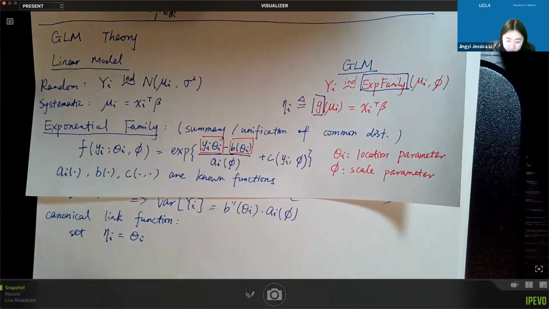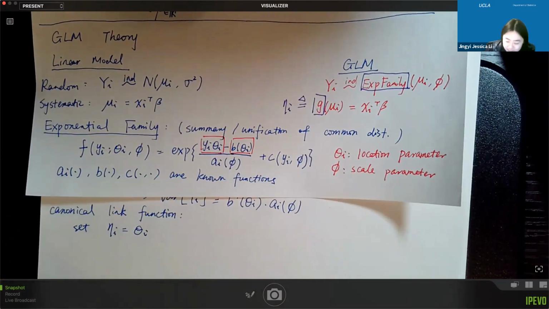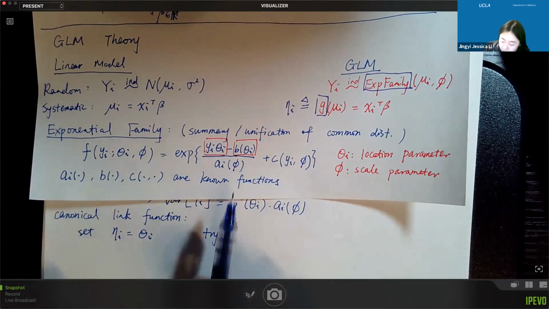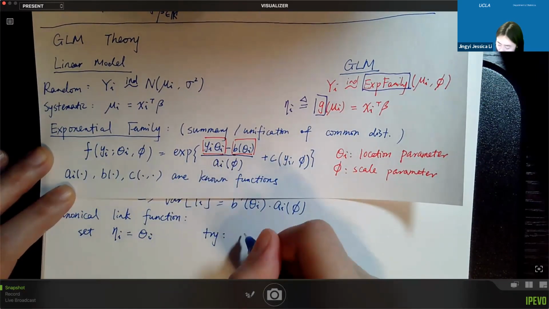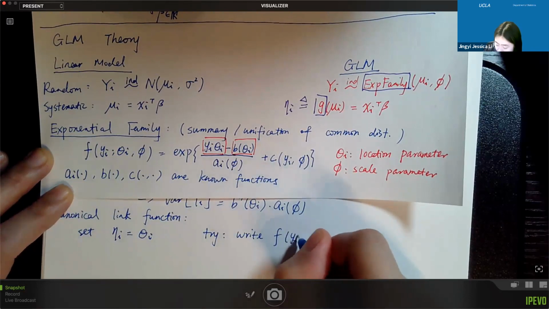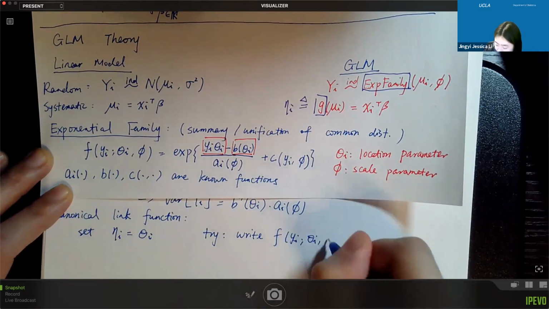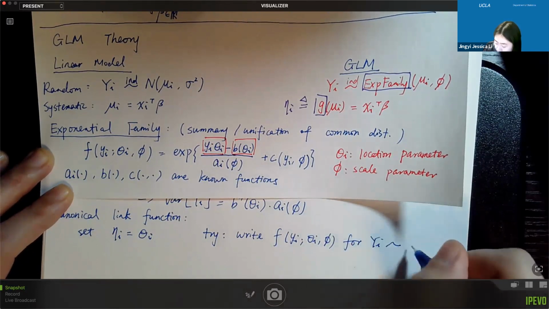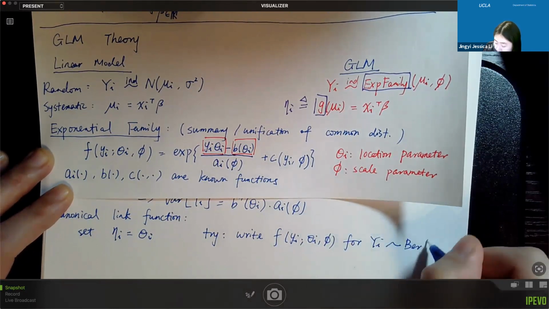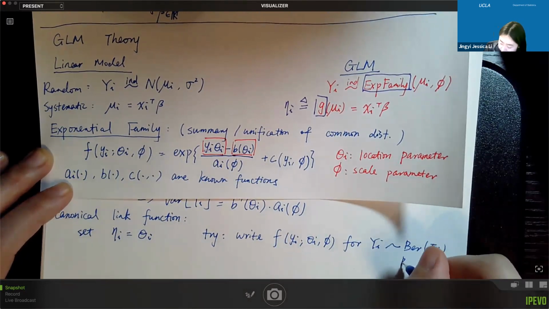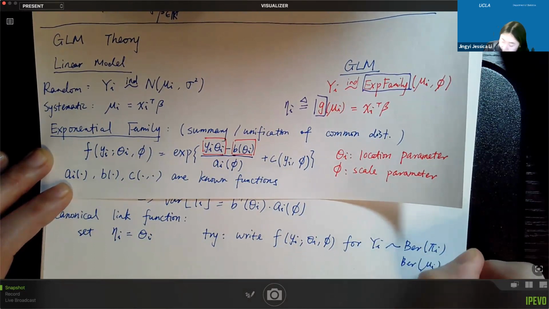Let me try to give you an example. Probably we'll do that next time. Here, I'll leave this as homework. You can try to write this f(yi; θi, φ) for yi following Bernoulli(πi) or Bernoulli(μi), whichever way you prefer, because the mean is the π here.